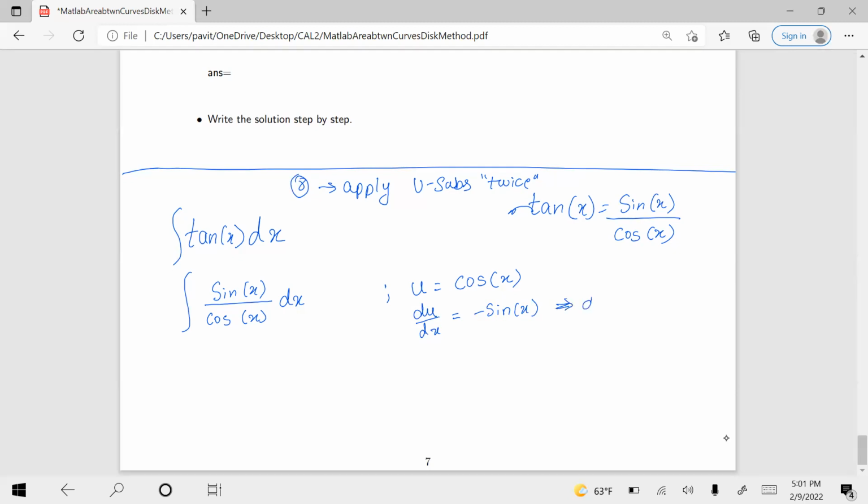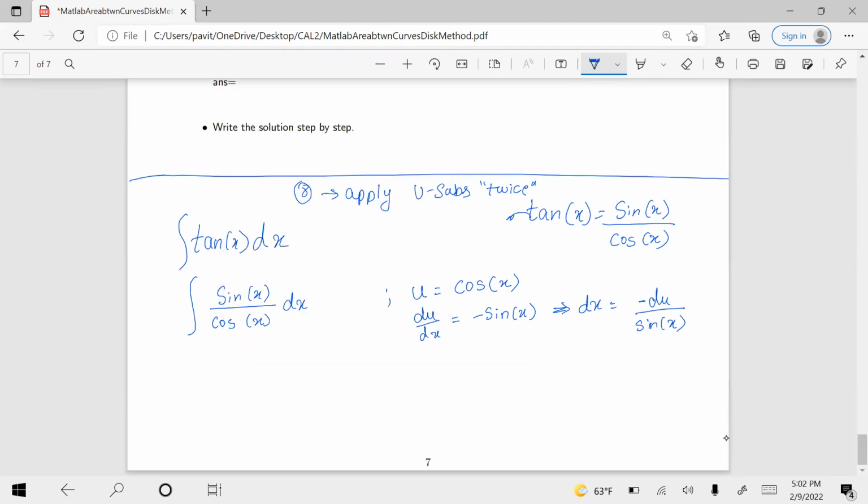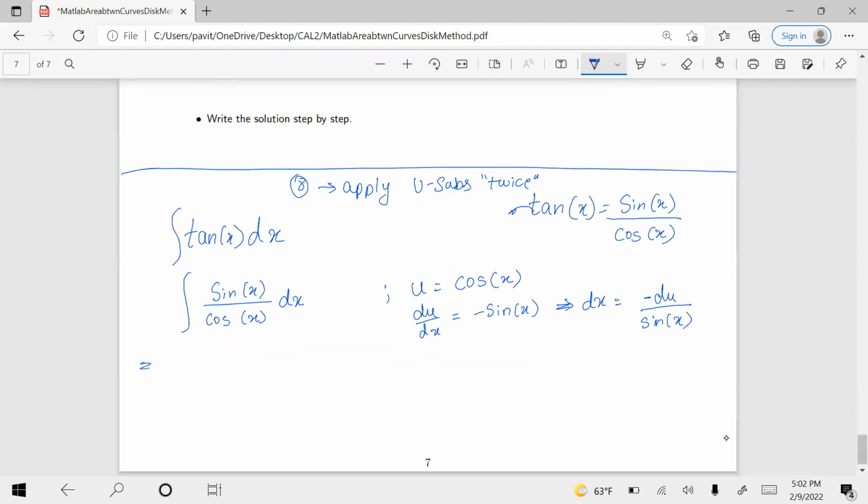From this, I'm going to write what du is, which will give me dx equals negative du by sine of x. Now I'm going to plug that here. Integration.